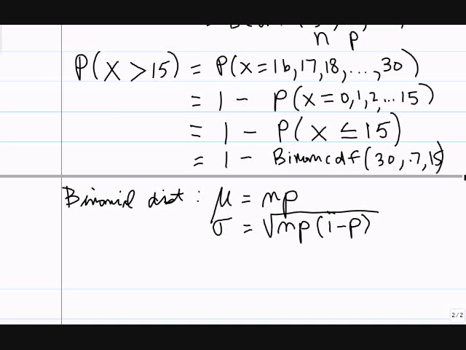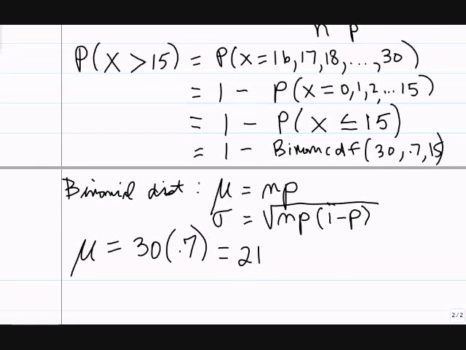This was problem 12, where they were making 30 something calls, I can't remember, and 70% of the people were male and 30% were female. So the mean of that distribution, which would be 30 times the probability of success for a male, which was 0.7, is 21.